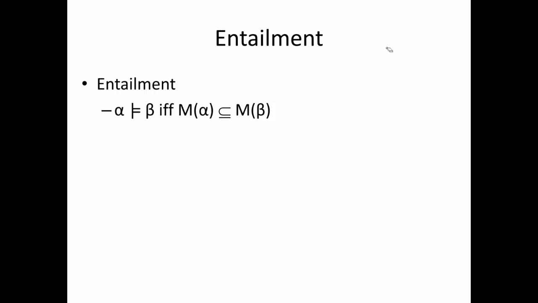We define the concept of entailment as follows. Alpha entails beta if and only if M of alpha is a subset of M of beta. So this means entails. And graphically, this means that suppose we have many different models.